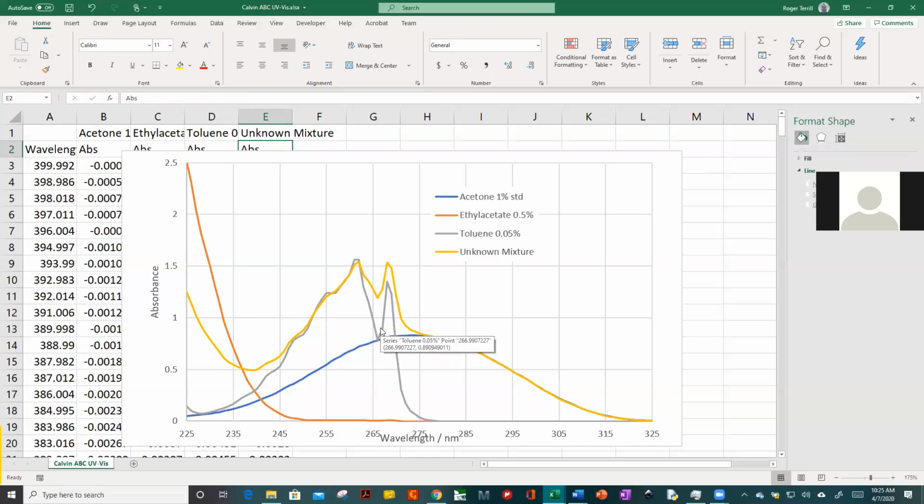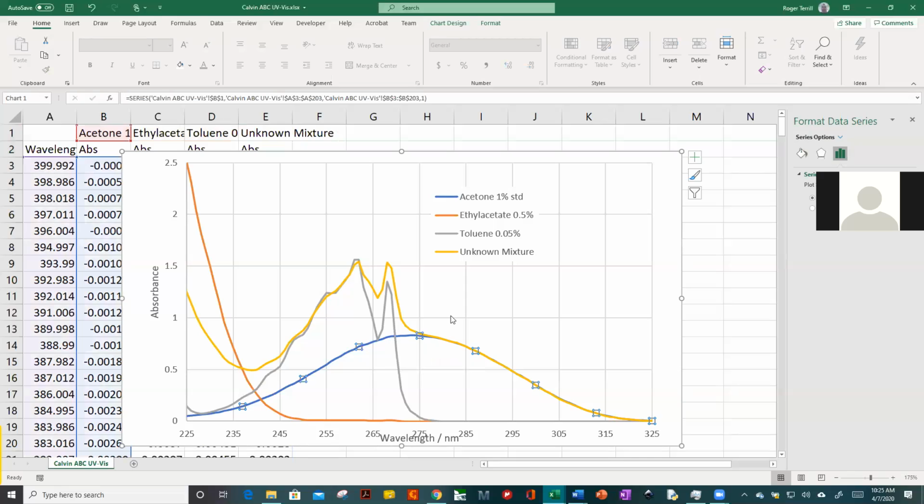Okay. So, what about ethyl acetate? It would be lower. I'm assuming it's lower because the dominant signal that's being seen at those certain wavelengths is the only one that's being represented on the unknown.